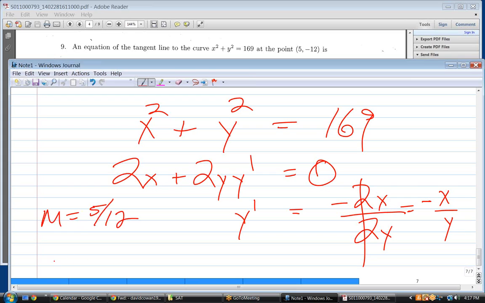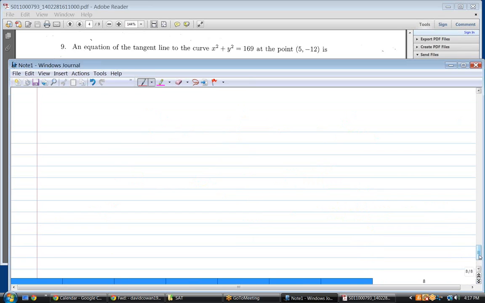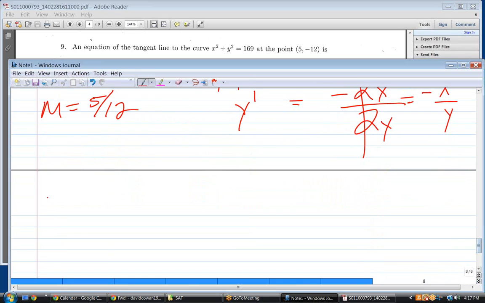What's the general formula for the equation of the tangent line? y equals mx plus b. So we have y equals 5/12 x plus b. And how can we solve for b? Plug in values for y and x. Plug in this point value.